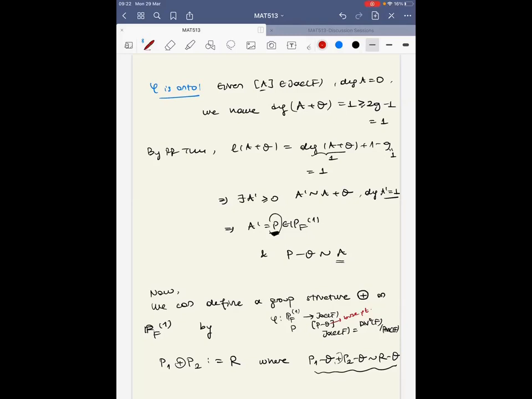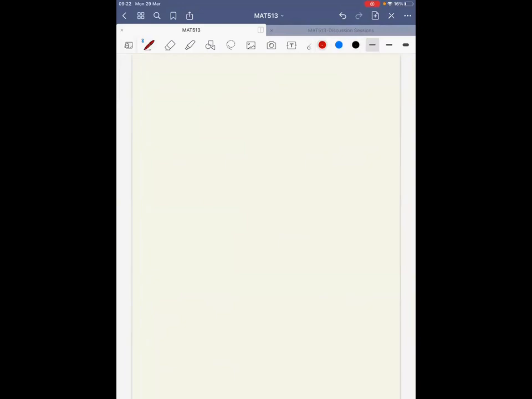And if you consider this operation, please check that this gives an abelian group on PF1 with specified identity O.